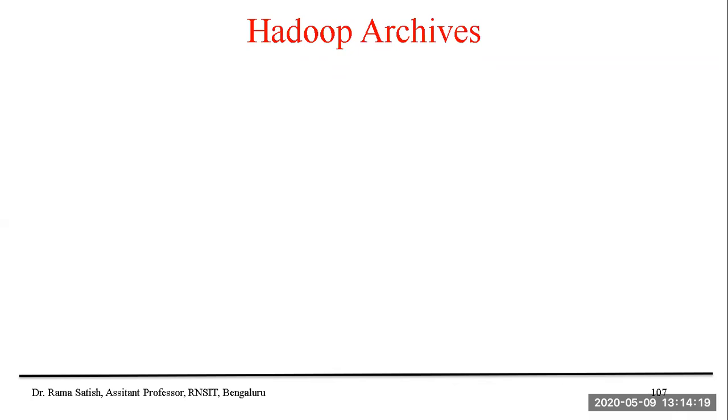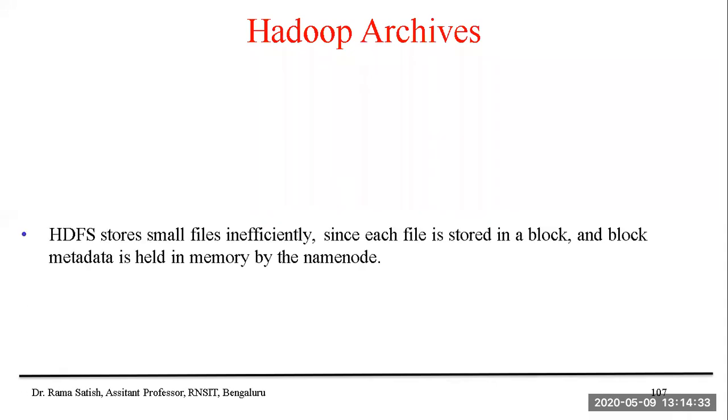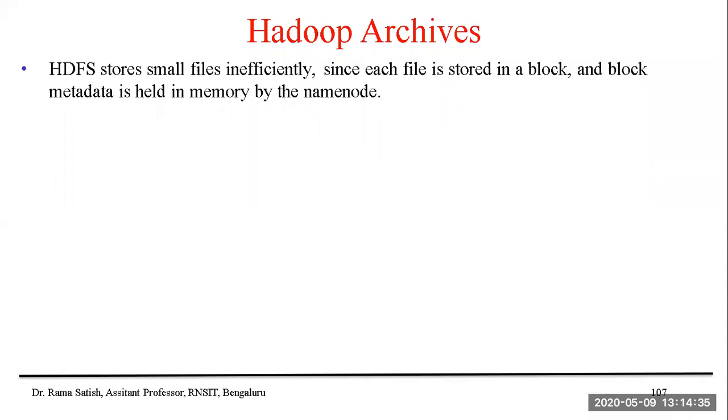Further, the next concept is Hadoop archives. Hadoop archives are nothing but compression, how compression happens in Hadoop. Very, very important thing is HDFS stores small files inefficiently. This is one of the statements I have been making from the beginning.